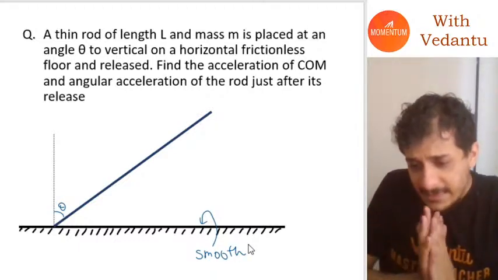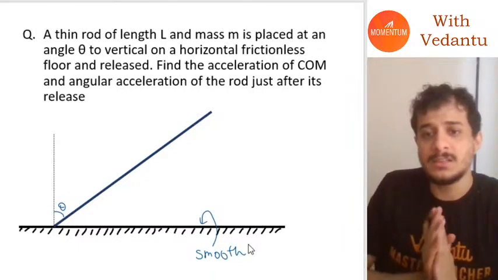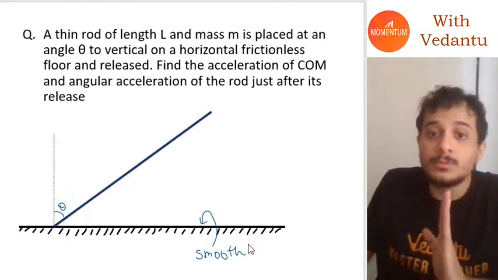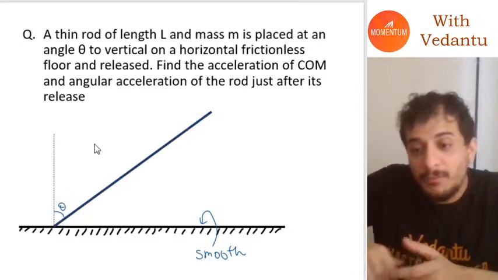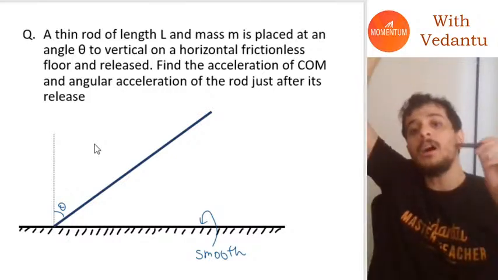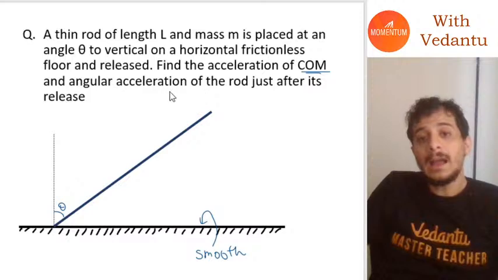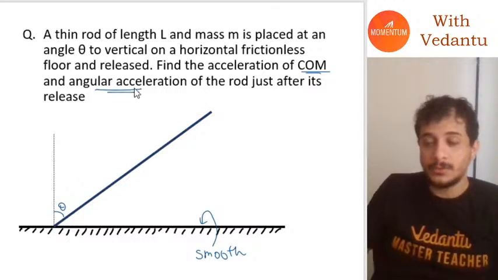All right, guys, this is the situation. After I release this rod, you have to calculate the acceleration of the center of mass and the angular acceleration of the rod.